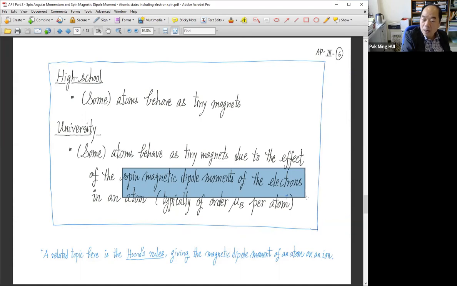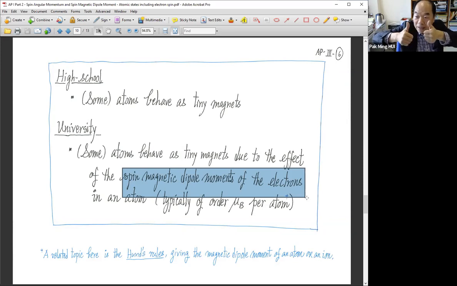We will see more about this later on. When we go into molecules, we have a better understanding of why. It is the electrons' alignment that gives rise to the atom's magnetic dipole moment. And when atoms form a solid, this atom's magnetic moment wants the neighboring magnetic moment to be aligned with it.